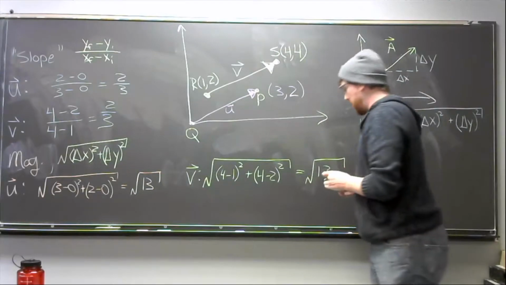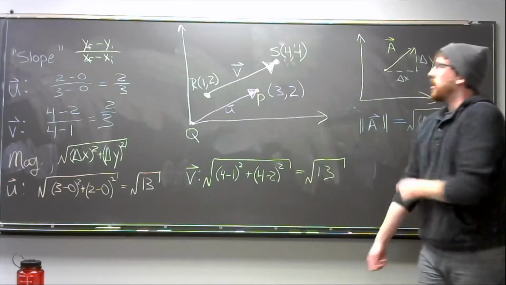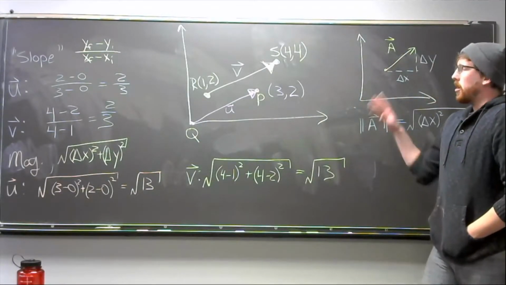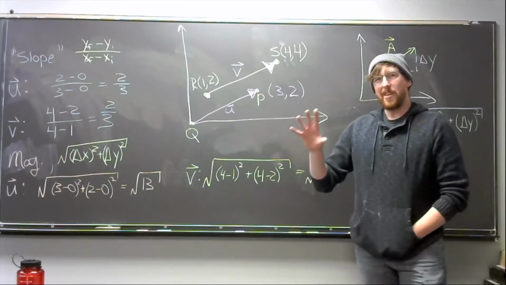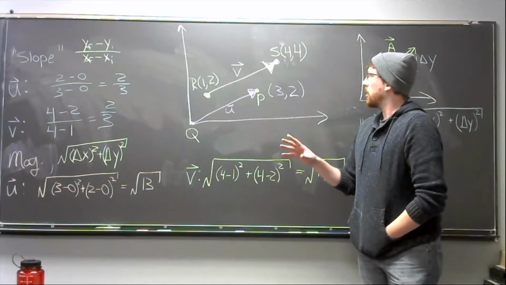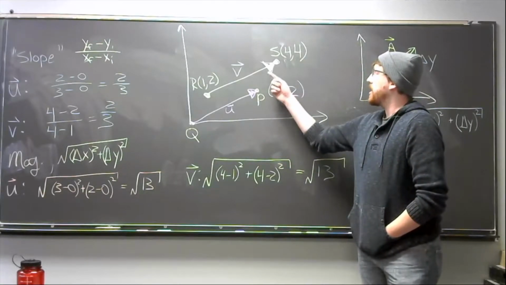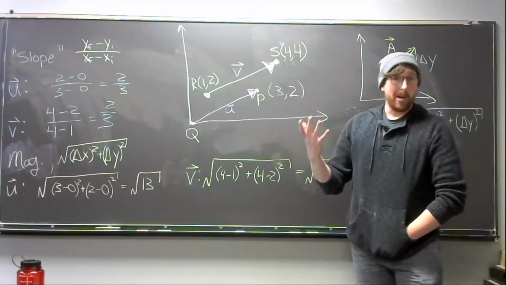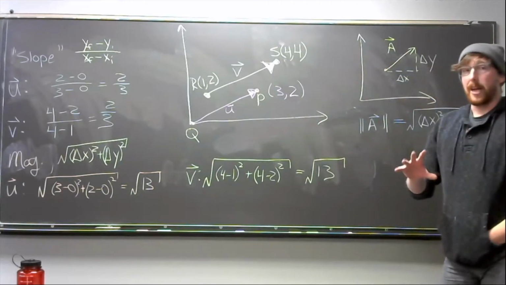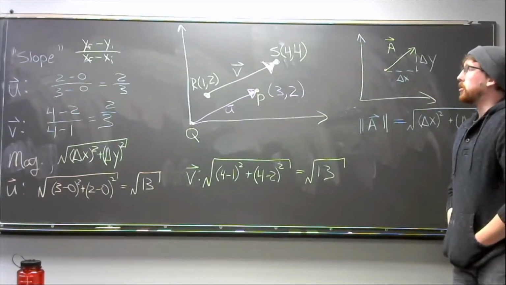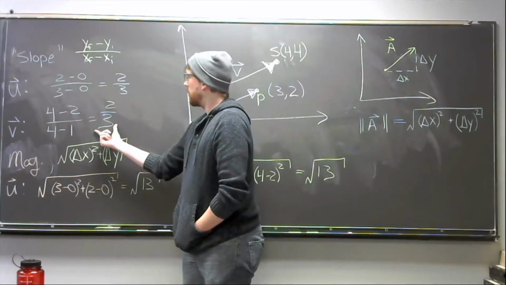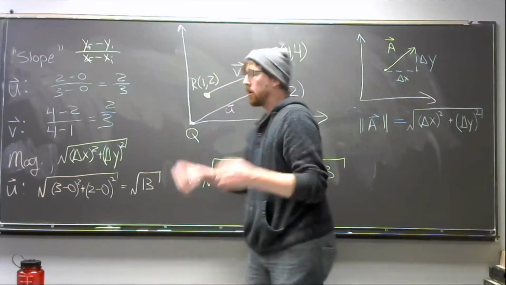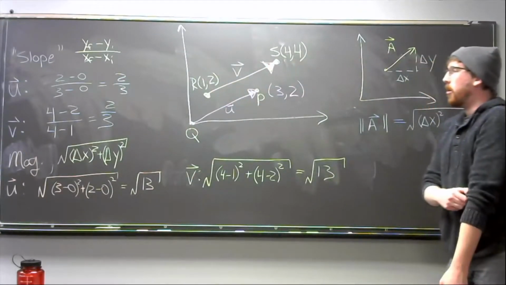All right, so let's review what we just did. We just said that two vectors are equivalent if and only if the direction and the magnitude or length of the vectors are the same. So we found the directions by calculating the slope or slantedness of our vectors.